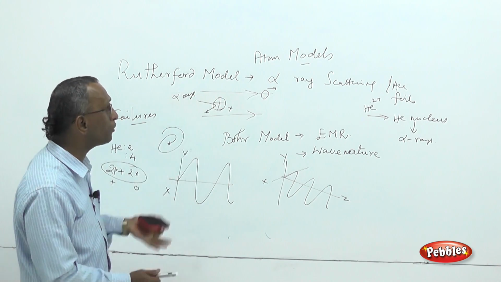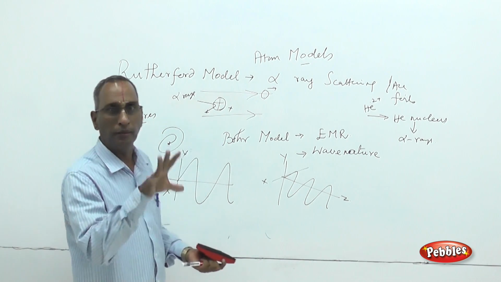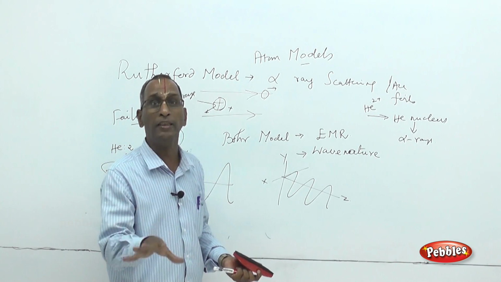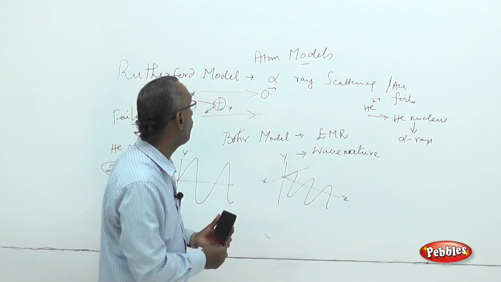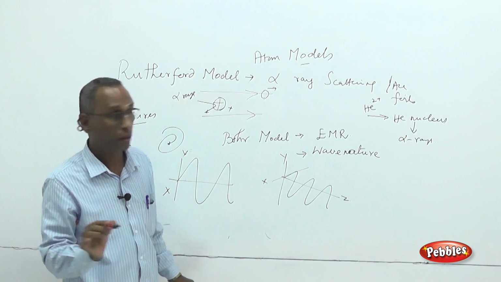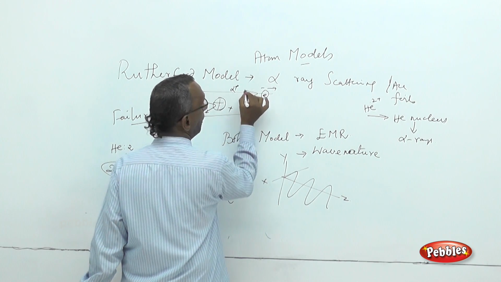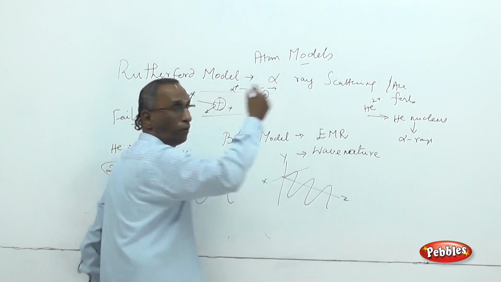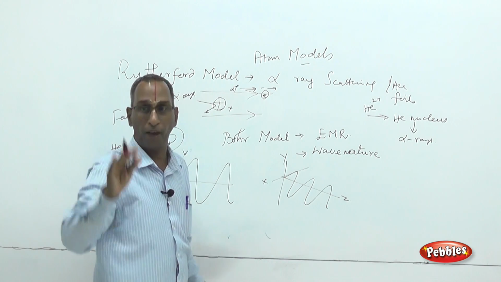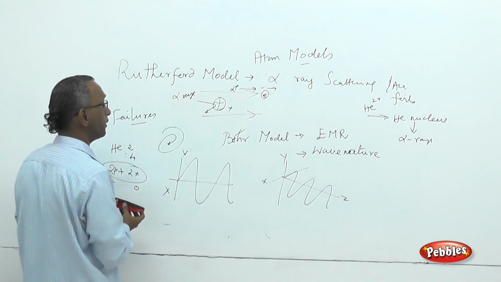Based on this deflection, he came to the valid conclusion that the atom is composed of a positively charged central region called the nucleus. Here the electron is negative charge and alpha rays are positive charge, opposite charges attract each other, so they go undeflected. In some regions it goes undeflected, in some regions it is deflected.